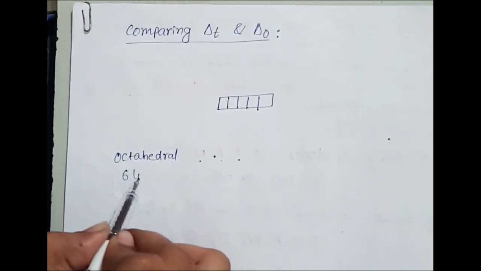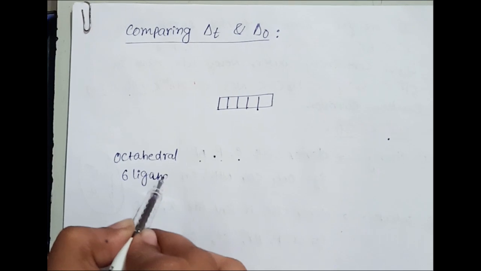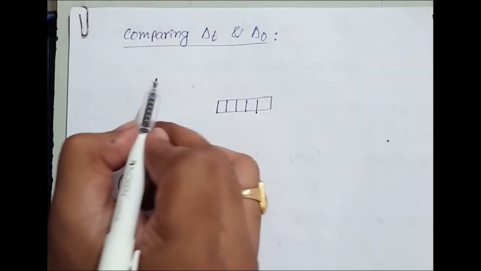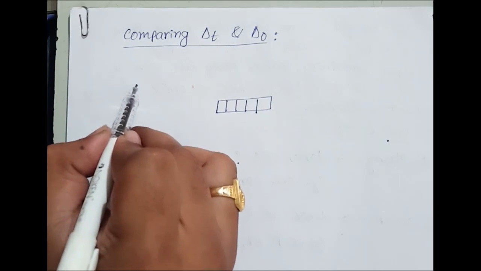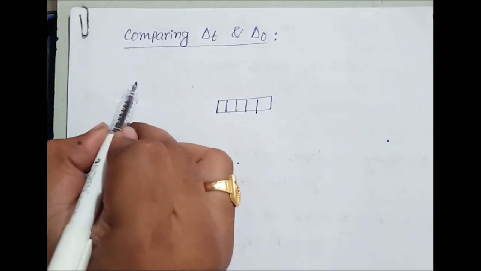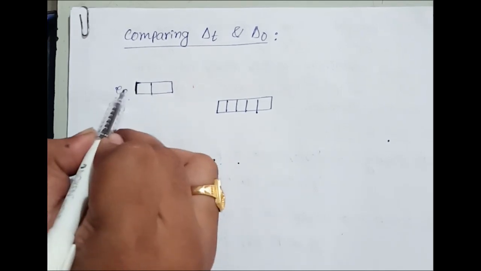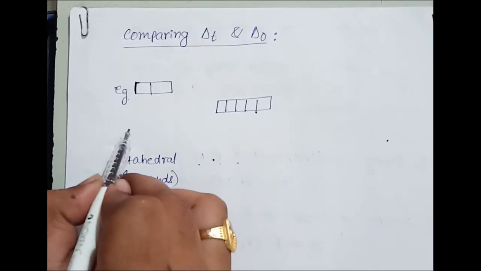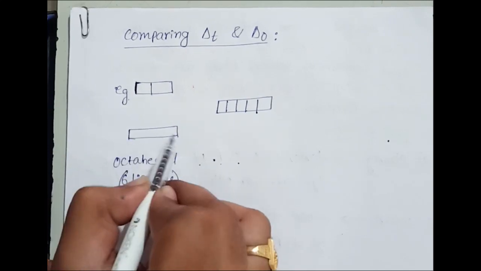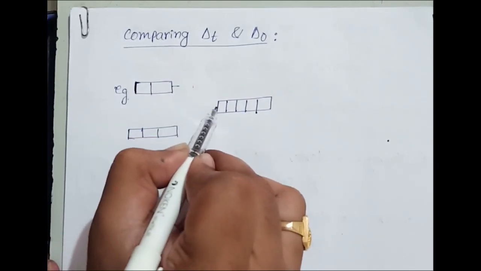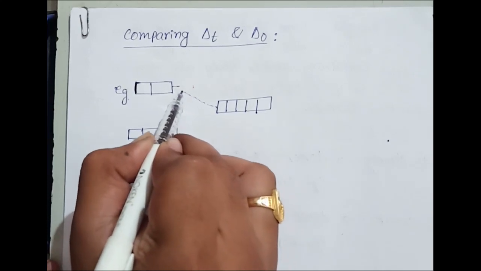Keep it in mind, there will be 6 ligands which approach along the axis. So which one will go upside and which one will come downside? EG will go upside and T2G energy will be decreased downside. So they split in this way.